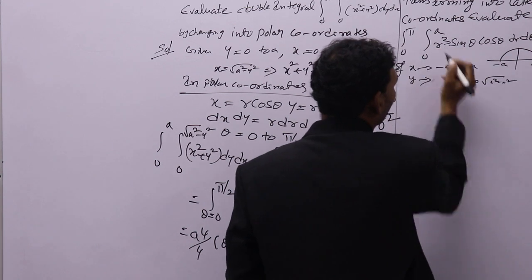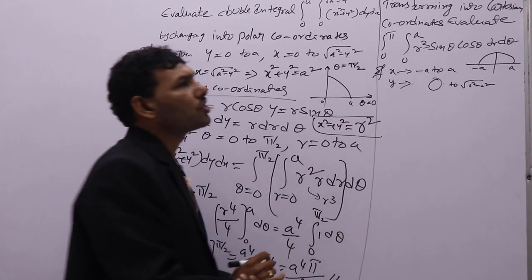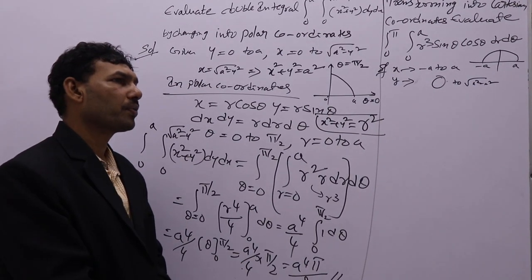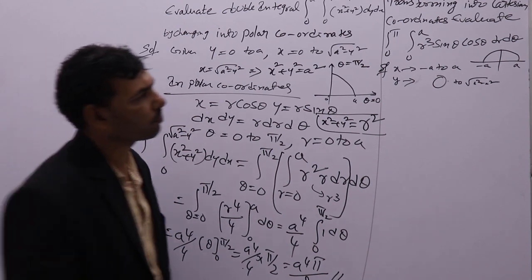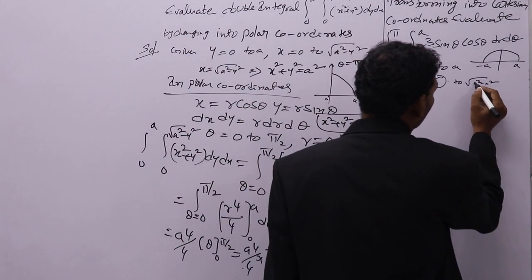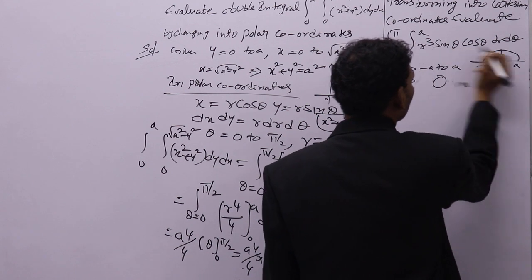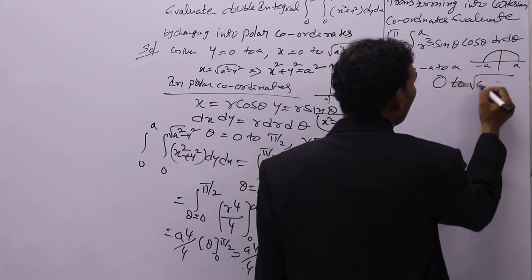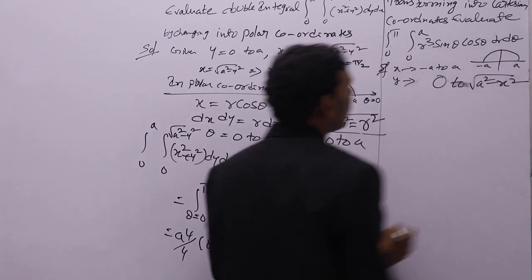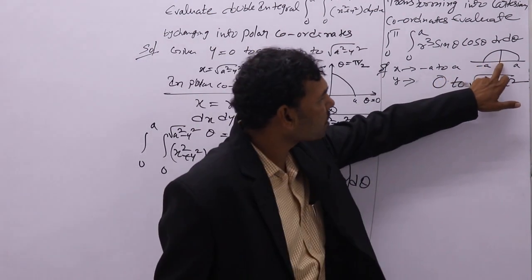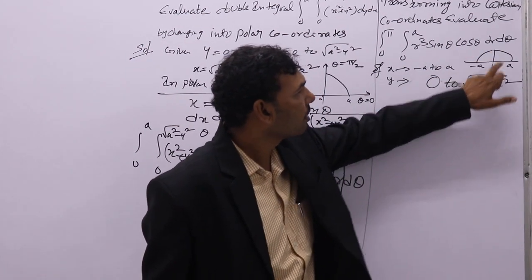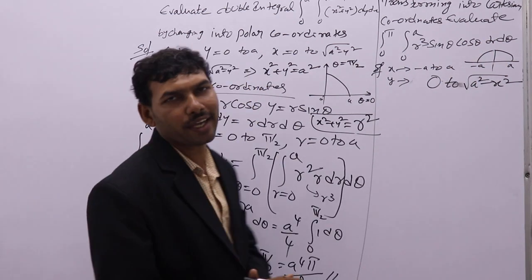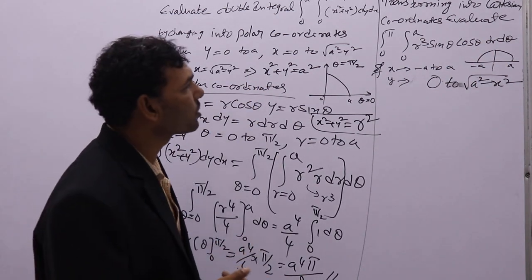That's why you can take y limits like this: 0 to root a square minus x square. Y will be positive only.